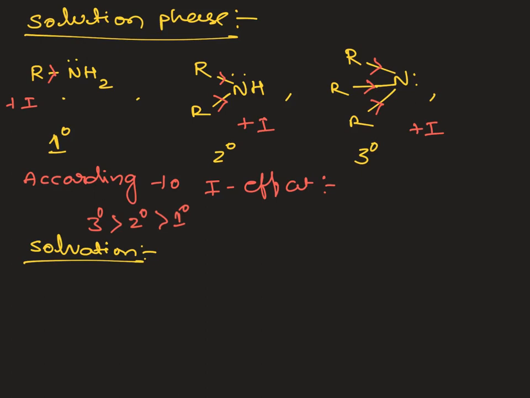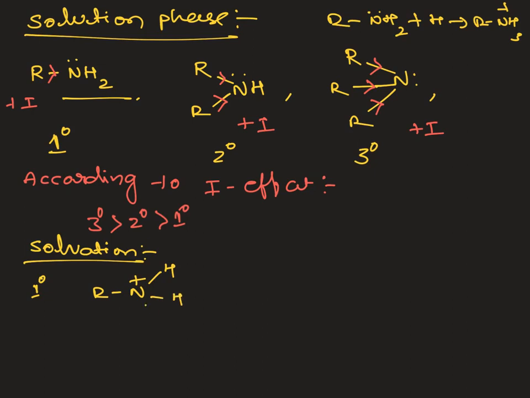In all these cases, the amine gives its lone pair of electrons, which forms ammonium salts. In the case of primary amines, R N H3 plus, I am writing in this fashion, and it is surrounded by water molecules.